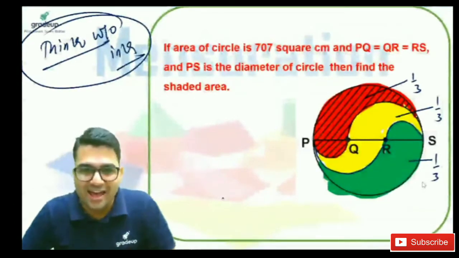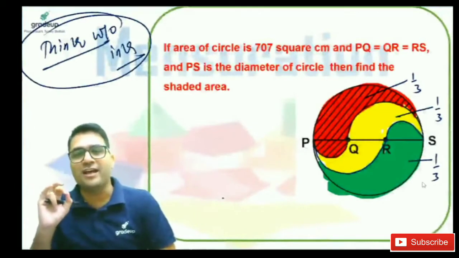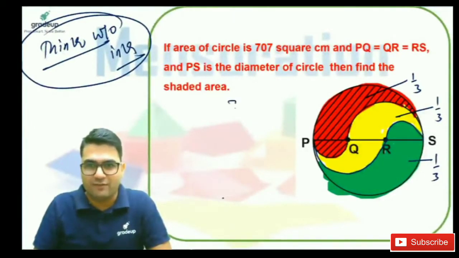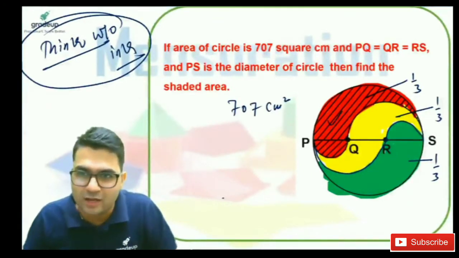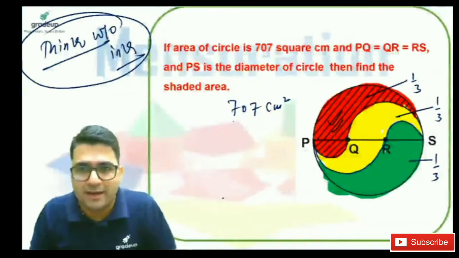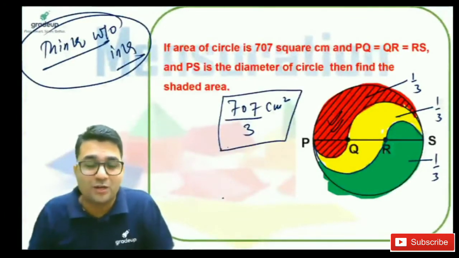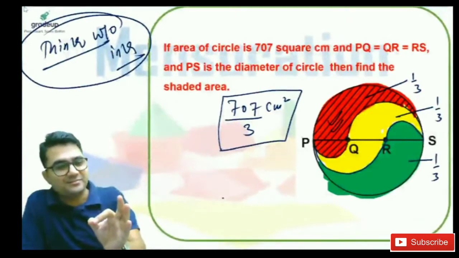As the area of the circle is given in the question as 707 centimeter square, and we need to find the area of this red part, we can easily find it by dividing this by 3. Yes, you can do this question in just 1 second.